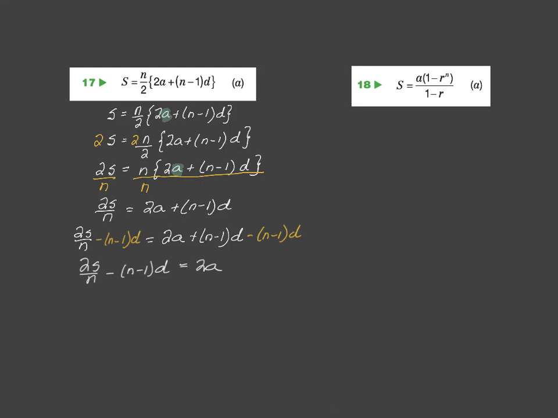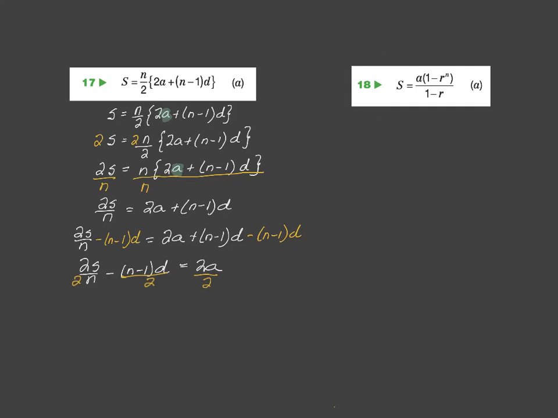And now things are really taking shape. If I divide by 2 on that side, 2 divided by 2 is 1, and so I'll just have a. And then I need to divide each term on the left-hand side by 2. So I divide by 2, there's the first term, and I divide this term by 2.